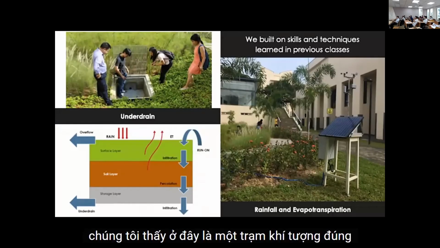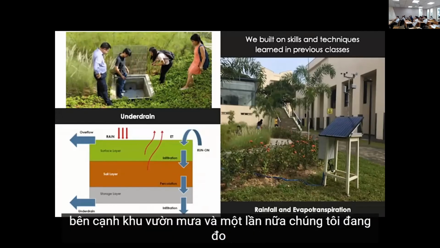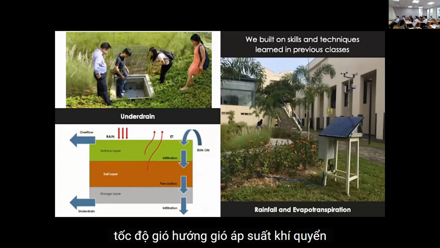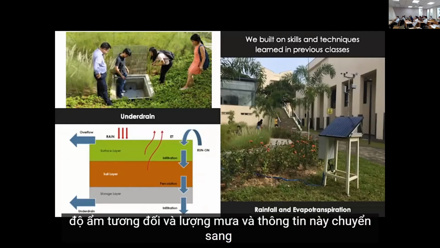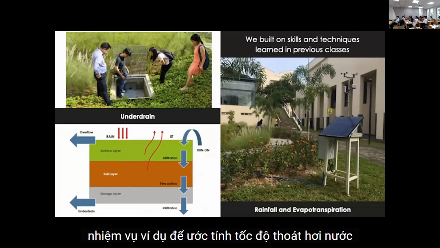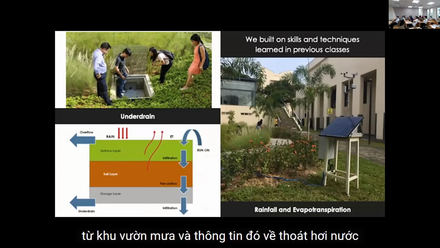We see here the IoT meteorologic station that is right beside the rain garden. And again, we're measuring wind speed, wind direction, atmospheric pressure, relative humidity, and rainfall. And this information went into another assignment, for example, to estimate evapotranspiration rates from the rain garden.